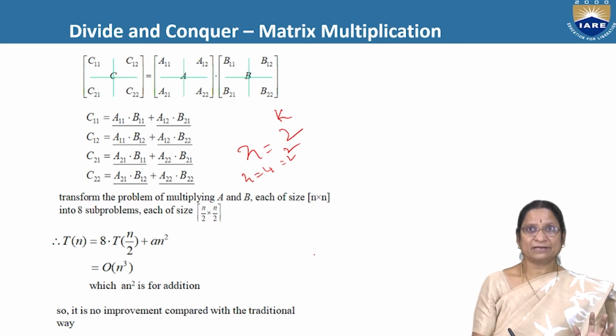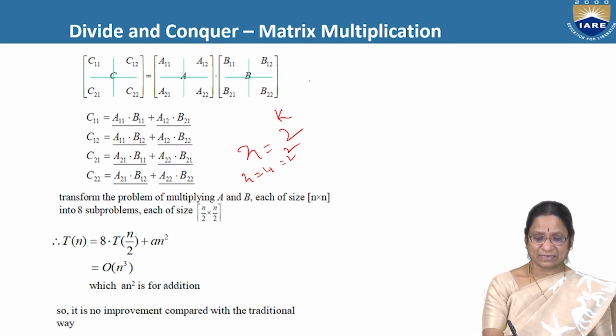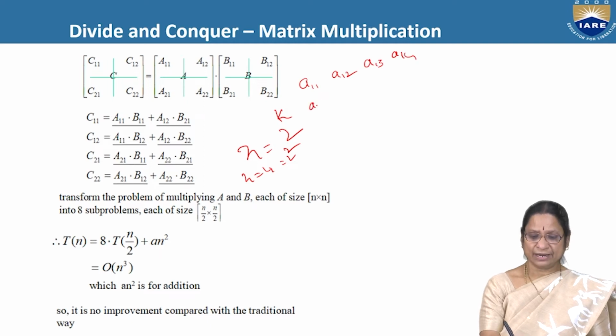A 4 by 4 matrix means it will consist of 4 sub matrices of 2 by 2 matrices. For example, you may have A11, A12, A13, A14. Similarly, A21, A22, A23, A24. Similarly, A31, A32, A33, A34.